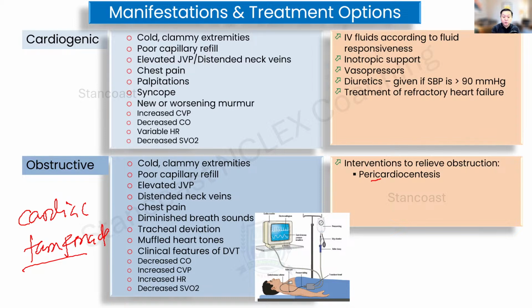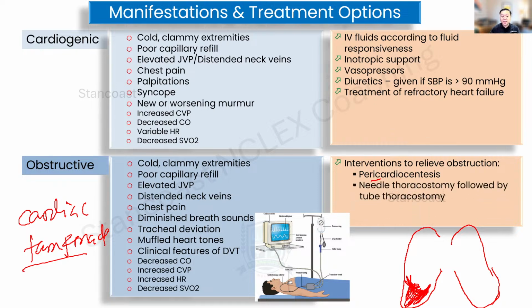Now, another procedure that can be done, especially if the case is a hemothorax, or let's say pneumothorax. If there is an increased volume of blood accumulating in the pleural space, the doctor can do the thoracostomy, right? They can also do that needle thoracostomy followed by tube thoracostomy.